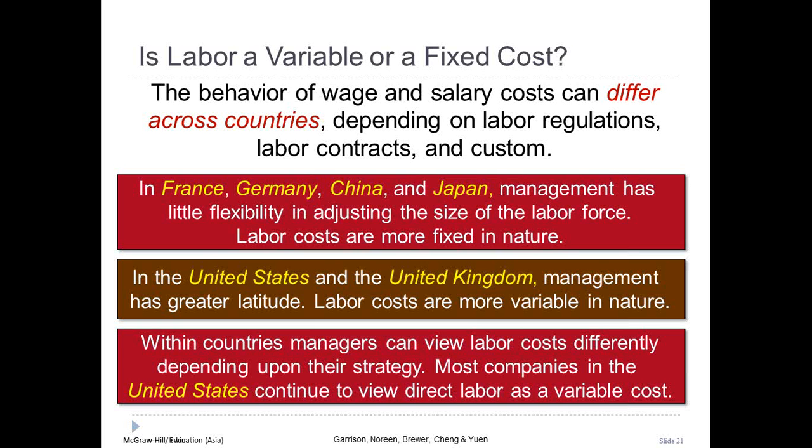So those types of countries have less flexibility in adjusting the HR teams, the teams that actually provide the company's staffing levels. In the United States and also in the UK, we have what's called a Right to Work Act. And that means that the employer, the company, or the organization can terminate the employment of someone in one day, as long as they do it for allowed, legal reasons and do not engage in discrimination or other activities.